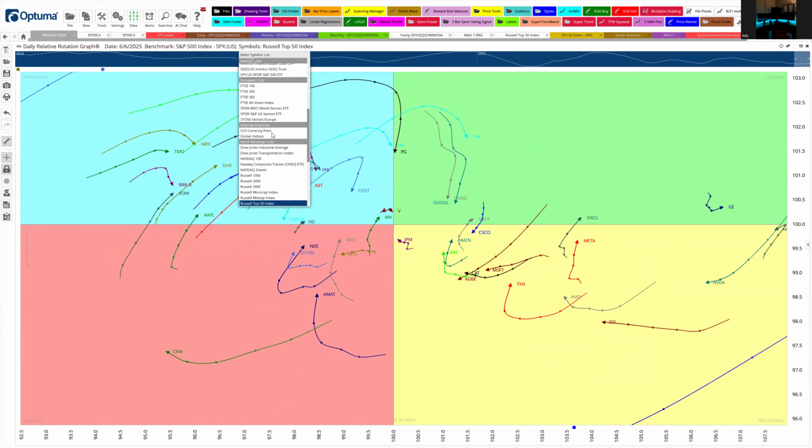It is interesting, they made a 200. I've never seen that before. Russell actually had a 200. I know about the S&P 100, and I know S&P 400 mid cap as well, and then obviously S&P 500. Yeah, they made a Russell Top 200 index now. So it has these 50 plus another 150.